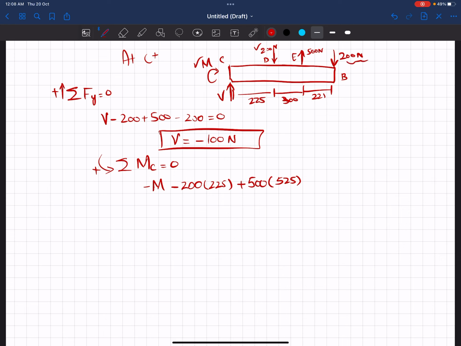The other moment is due to this load, 200 into perpendicular distance 225 plus 225 is 450, plus 300, so 750, and that is clockwise. Their sum must be equal to 0. When you solve this, the moment about point C comes out to be 67.5 Newton meter. Again, you have to convert millimeters into meters to get this value.